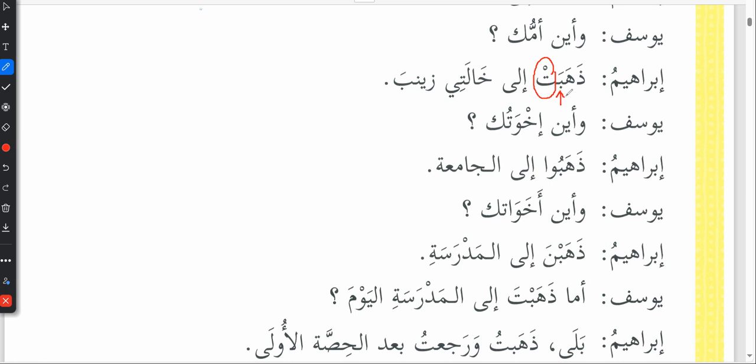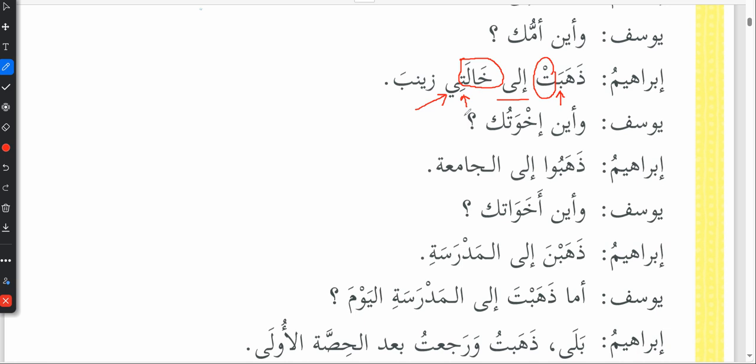Dhahabat ila khalati. Now, as I told you, the ya mutakallim, your noun is khala, means maternal auntie. The moment ya mutakallim is attached to a noun, the previous letter ta is forced to have a kasra here, just because ya mutakallim goes along with kasra. Khalati. One may say that there is a harf jar before khala, that's why the ta is having a kasra.